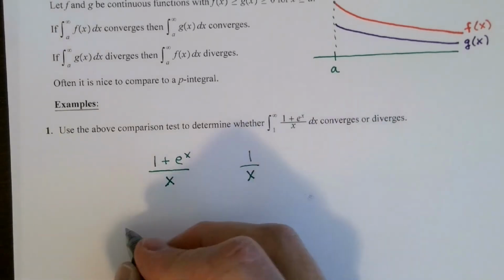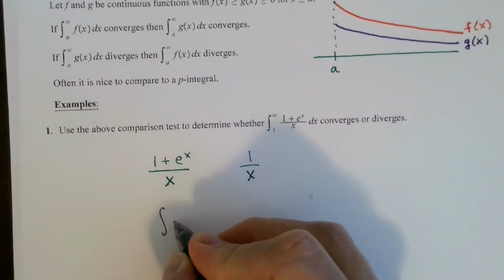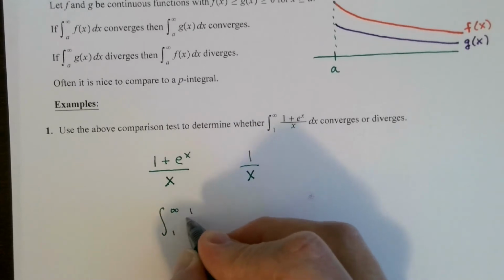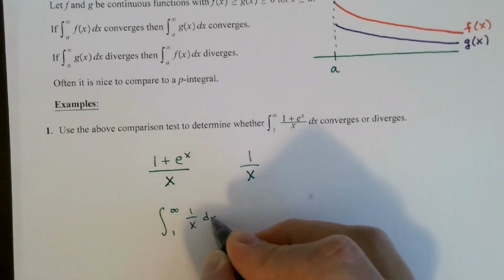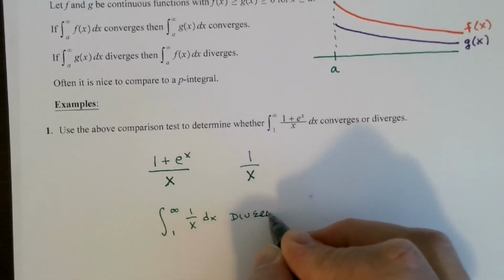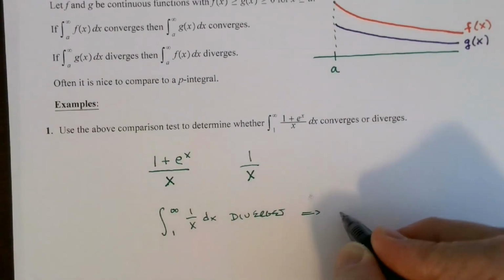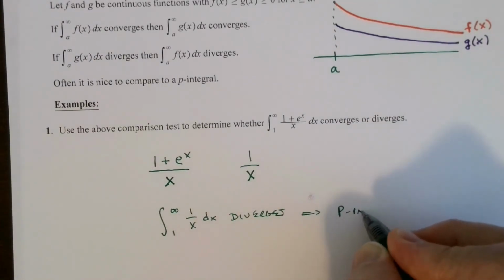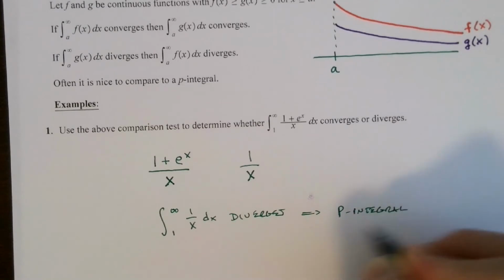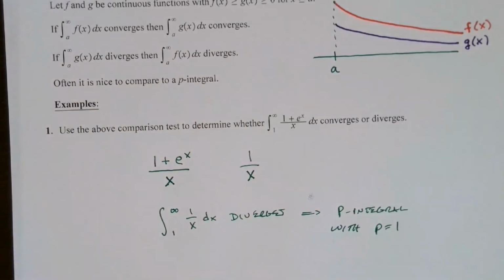Now, we know the integral from 1 to infinity of 1 over x dx diverges, because it's a p integral with p equal to 1. If p is less than or equal to 1, it diverges.